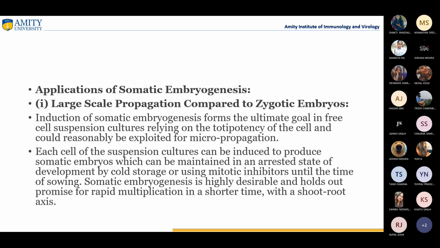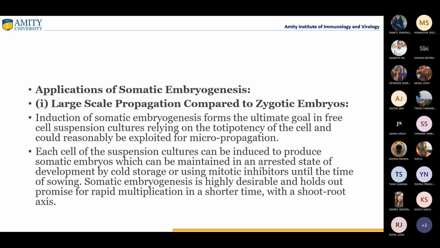Now coming to the application part of this process, why actually this process is important in plant tissue culture, right? So the first application is large scale propagation compared to zygotic embryo. If we compare to the natural process of a zygotic embryo, large scale propagation is possible in case of somatic embryogenesis.